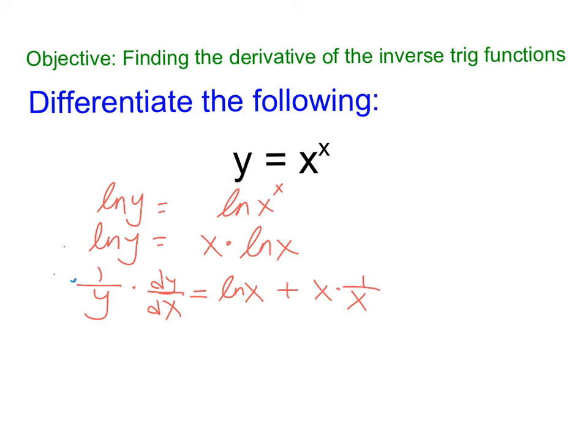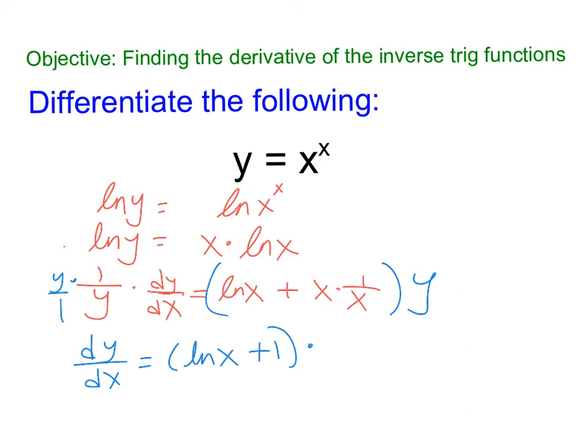That whole thing gets multiplied by y. So then dy dx equals ln of x plus 1 times y. But what's y? Y is x to the x. That's it. So we have to remember, if you have an x to the x, we don't know how to do that. We have to use the log properties.